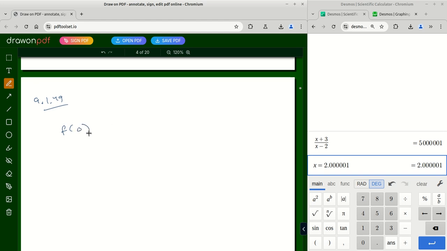We've got f of 0 is equal to -1. They have the limit as x goes to 0 on the left side of f of x is equal to 3. And then they say the limit as x goes to 0 on the right side of f of x is equal to 3. And they say pick the graph.